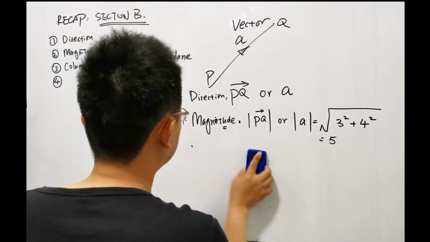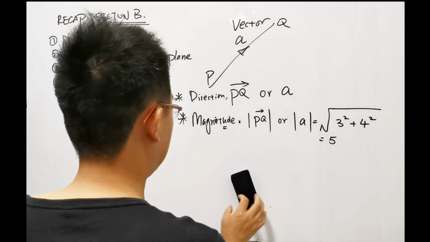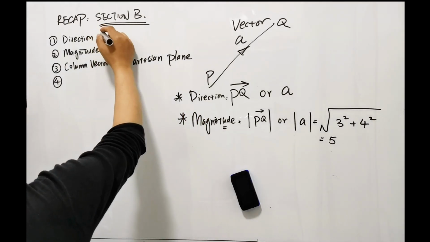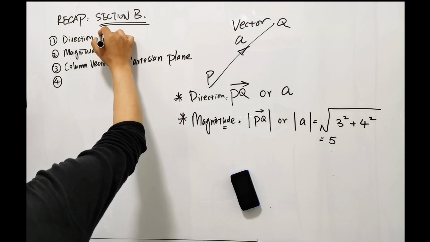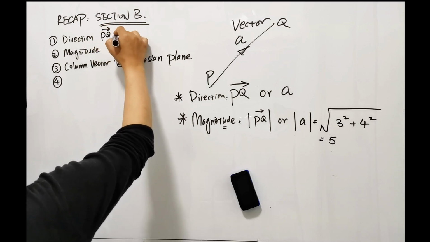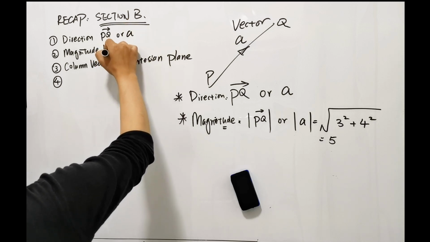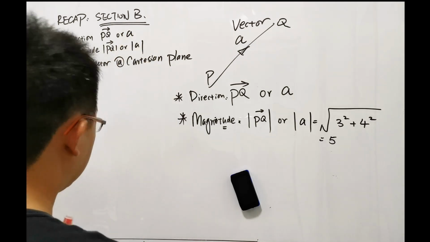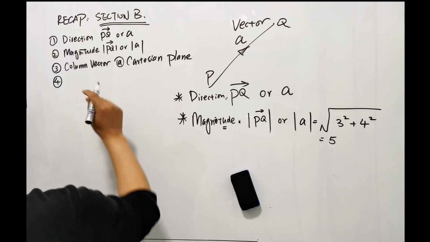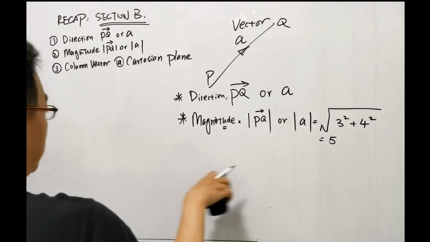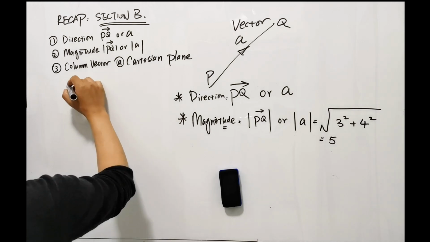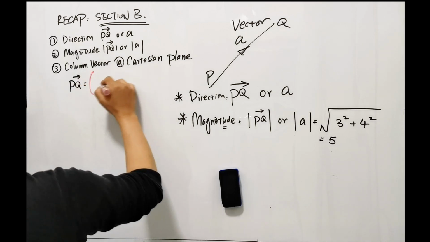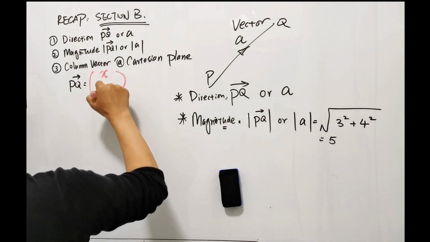Let me just transfer the whole thing here. So in this case, we have PQ, this direction, or A. The magnitude we put in this way, or this. And x and y.